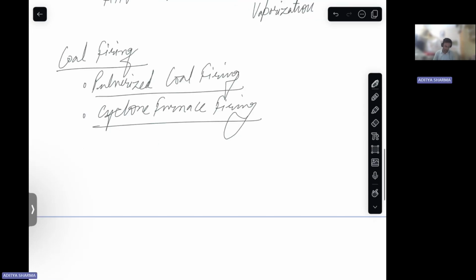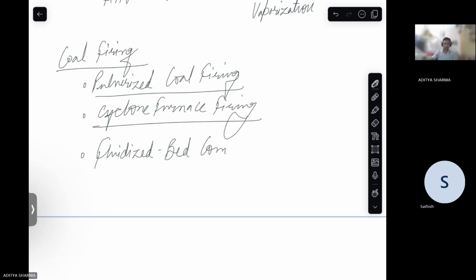Then is your major type of firing or combustion, that is fluidized bed combustion.